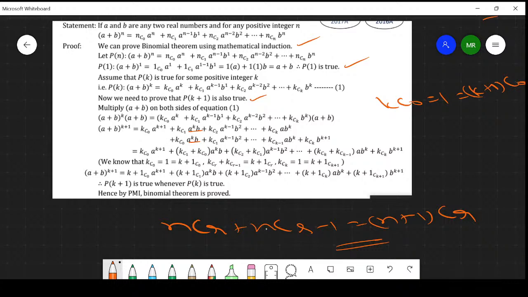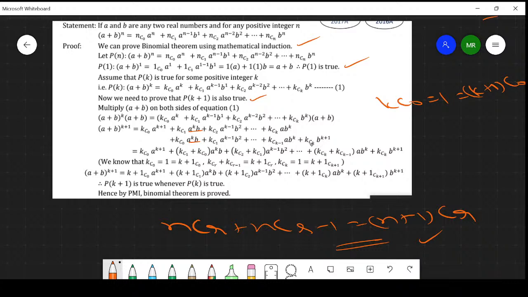Again, I told this formula. Suppose kCr plus kCr minus 1 equals k plus 1 Cr. That is the formula we mentioned here. Using this formula, replace n with k. kCr minus 1, k plus 1 Cr.